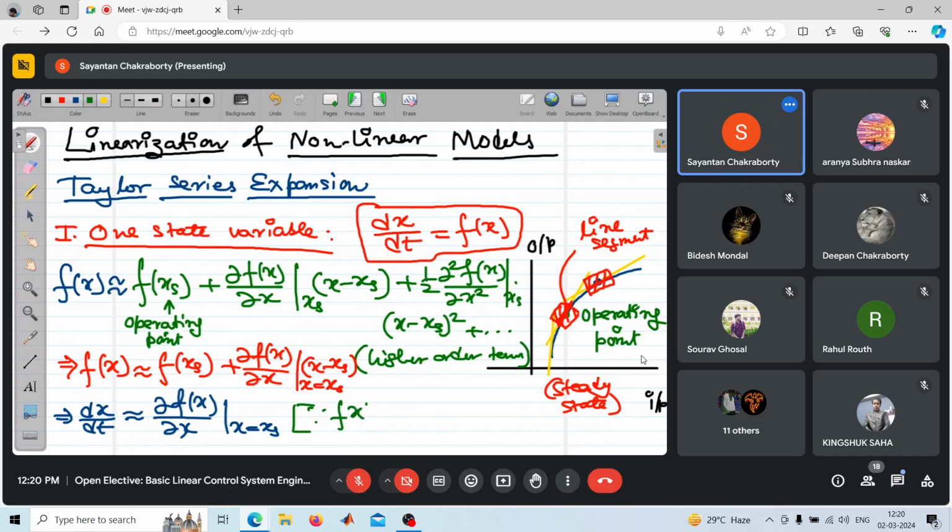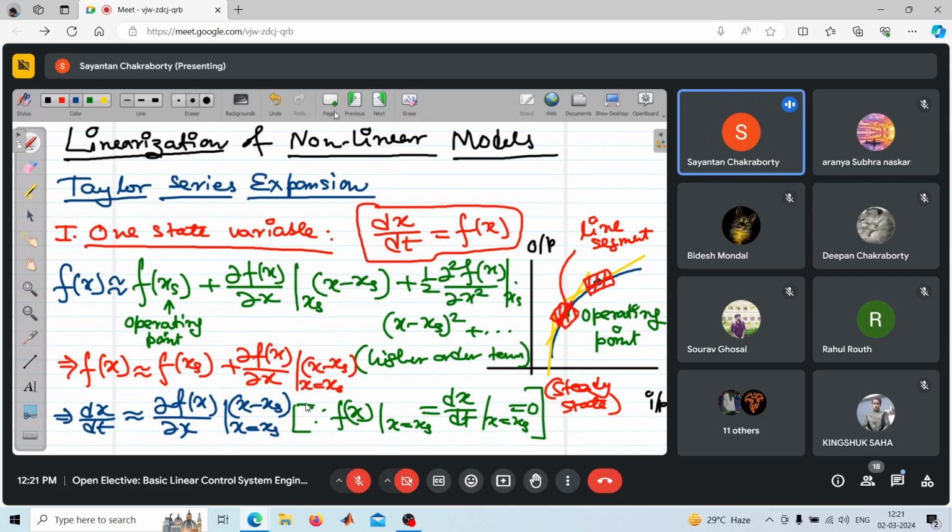Since f(x) at x equal to xs is equal to 0, because at the steady state operating point your dx/dt is 0, understood? That means this f(xs) will be 0. So this can be approximated like this, multiplied by x minus xs.